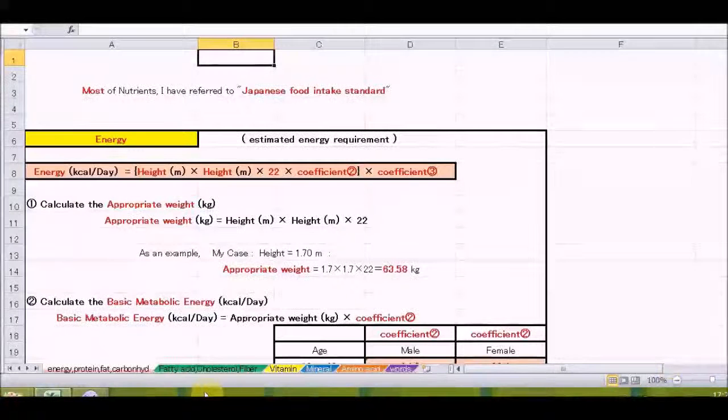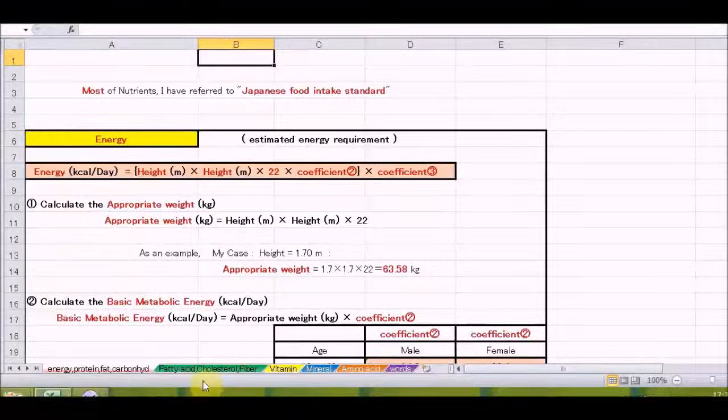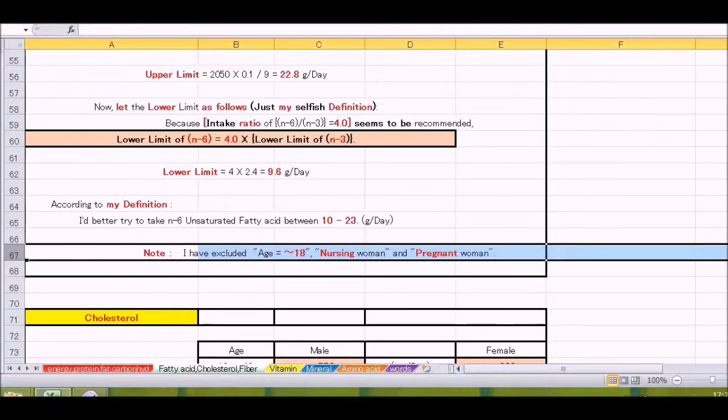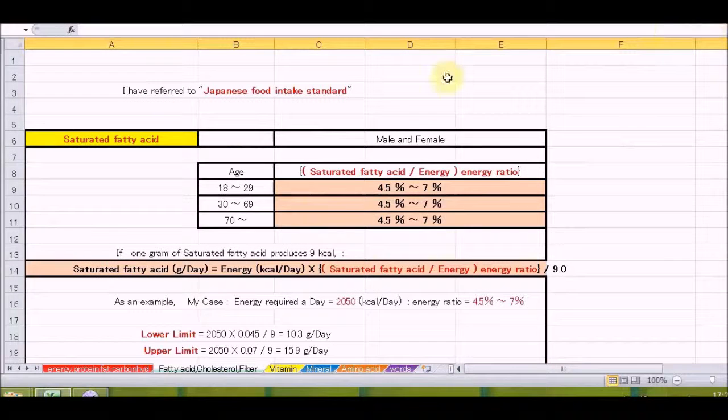Well, next, fatty acid and cholesterol, fiber. I have referred to Japanese food intake standard.